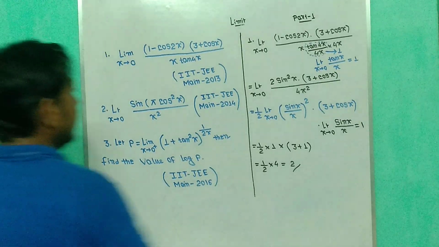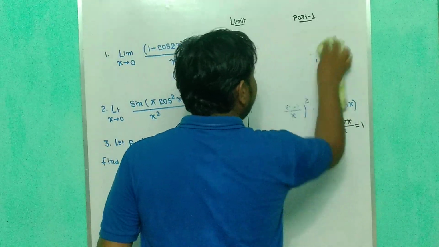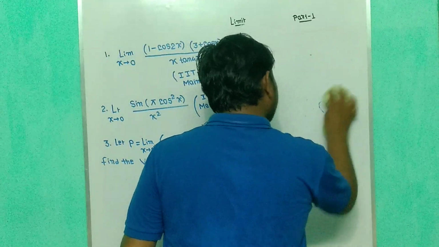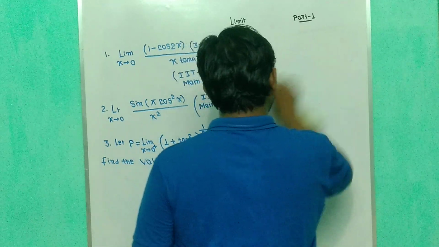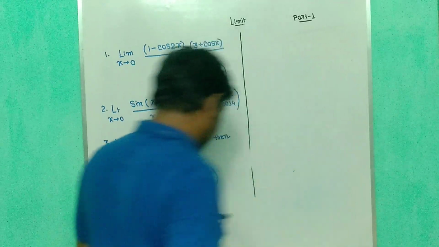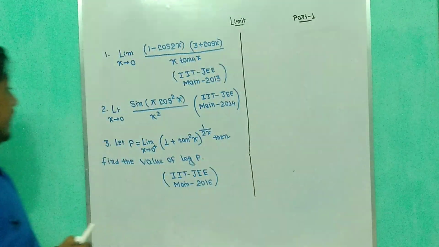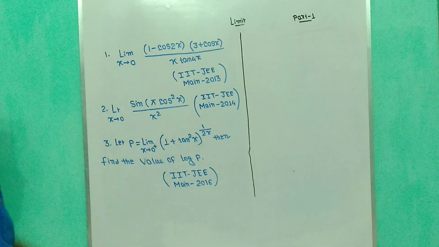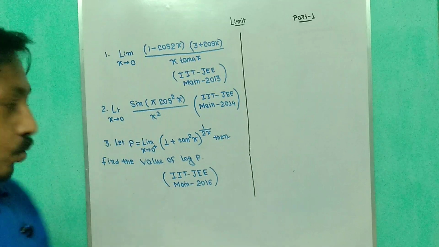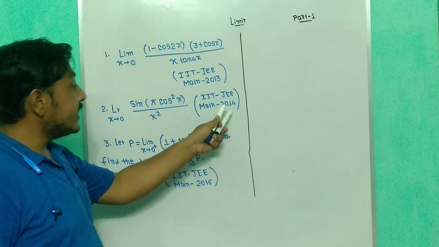Okay, now I am going to discuss question number 2. See, question number 2, limit x tends to 0 sin(pi cos square x) divided by x square. This problem came in 2014.